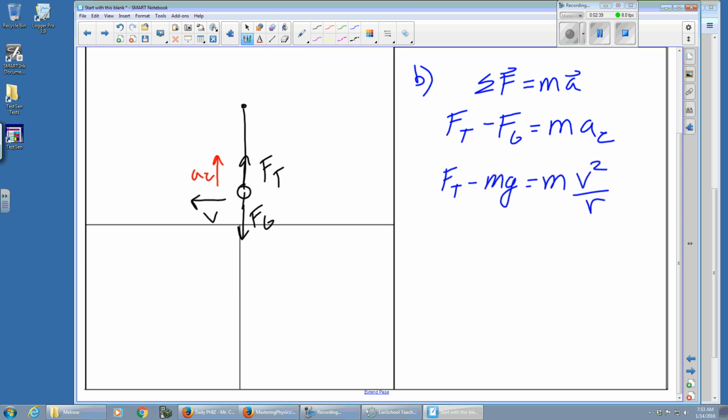Right? And so if I rearrange stuff here, just a little algebra, all times r over m is v squared, and I just need to solve that for v, and I will have it.